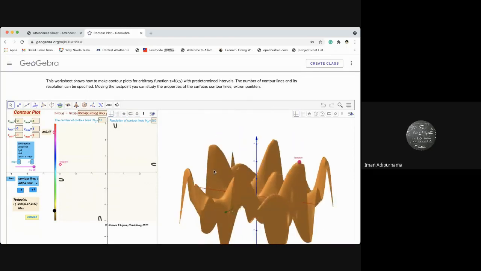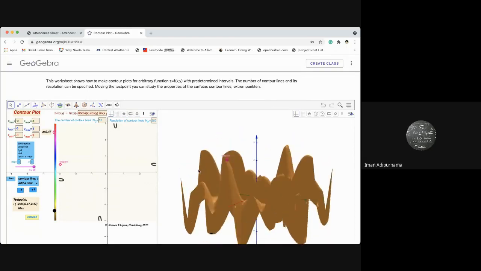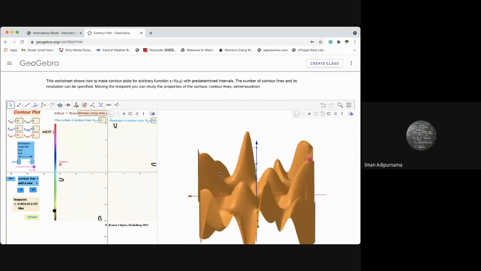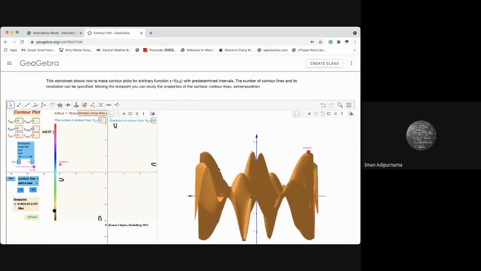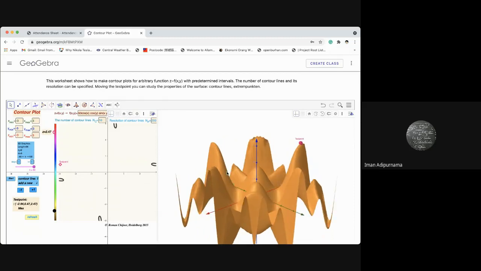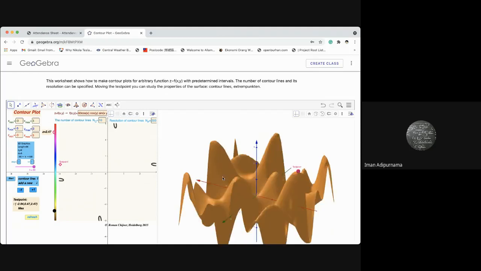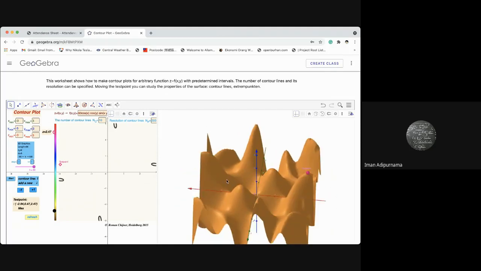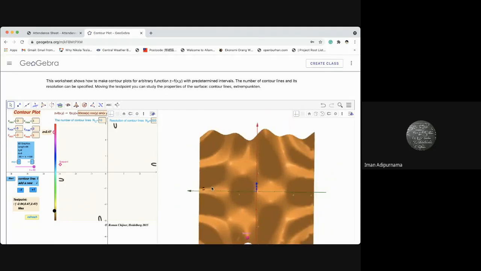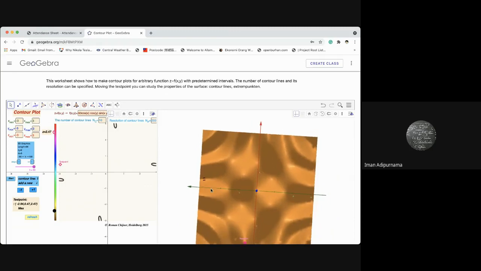So you see here, in this curve, there are changes in the height, right? Sometimes it's going up, sometimes it's going down, creating parabolic structures all the way around. So if we look from the top, this is what the contour means.